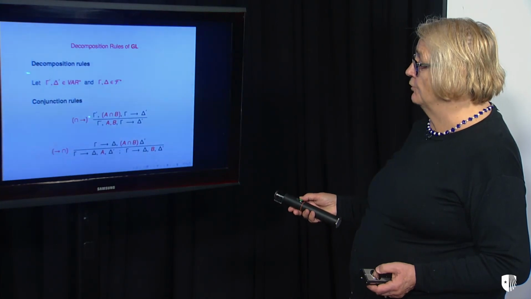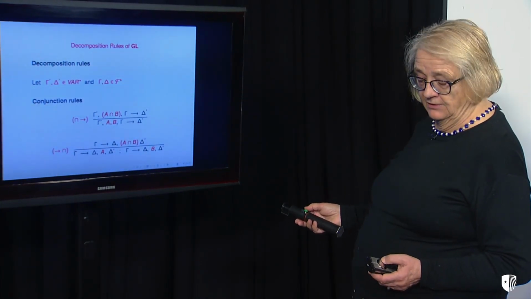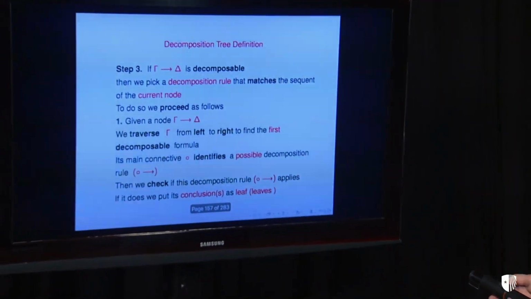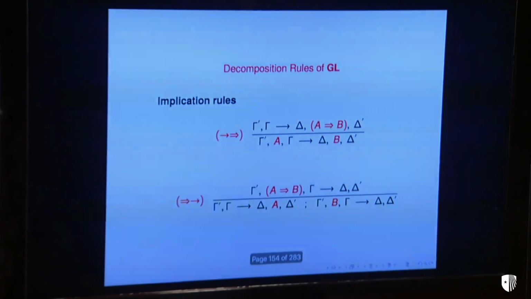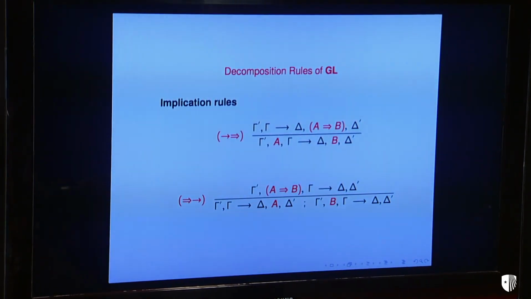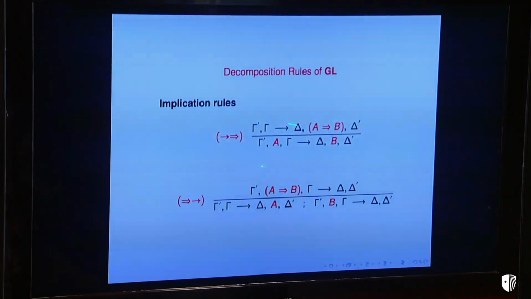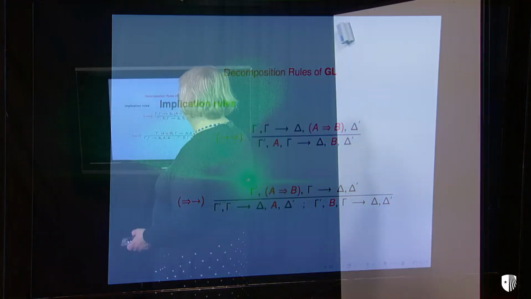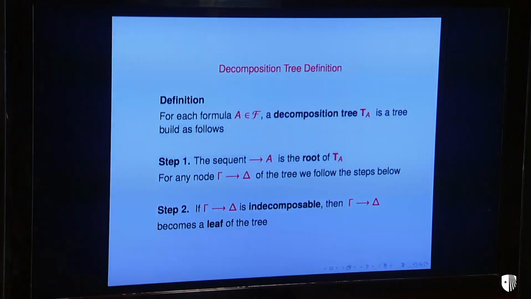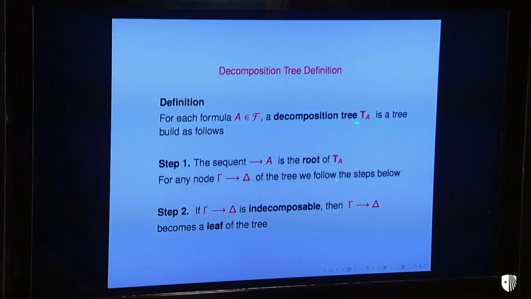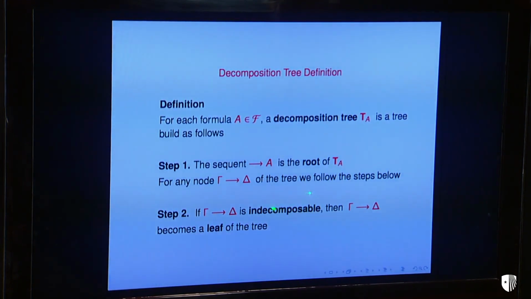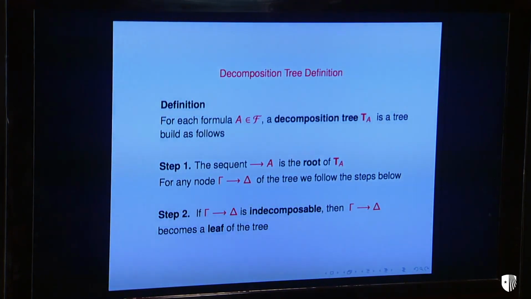It means that you use the decomposition rules instead of inference rules. And you can write those decomposition rules as tree decomposition rules. So you know how to build a tree. You use the decomposition rules, and you build the tree. In the decomposition, the sequent is the root, and if it's indecomposable, it becomes a leaf of the tree.